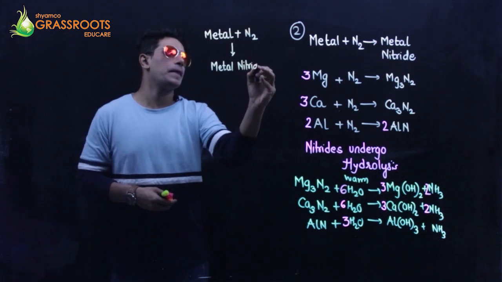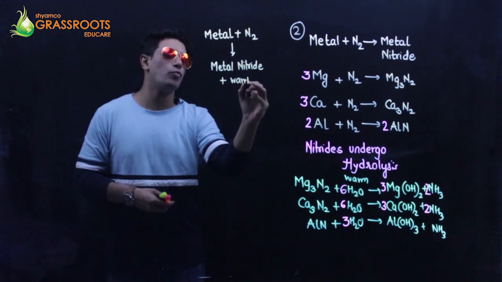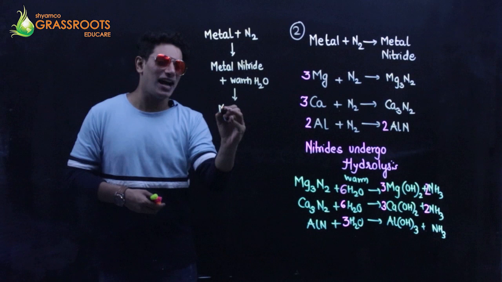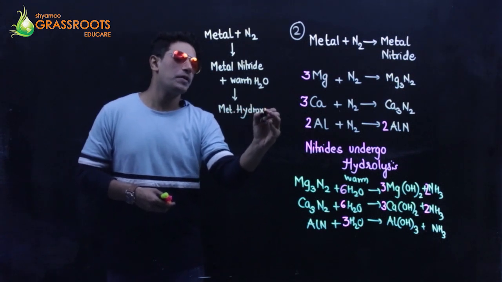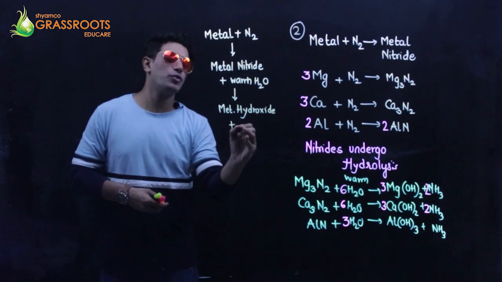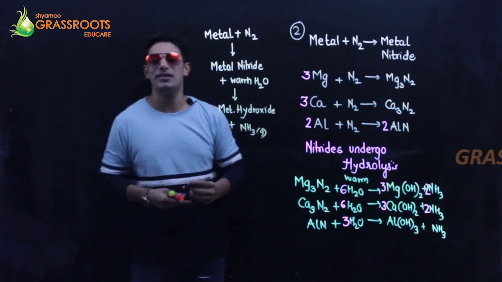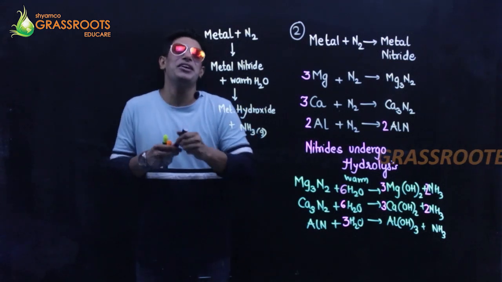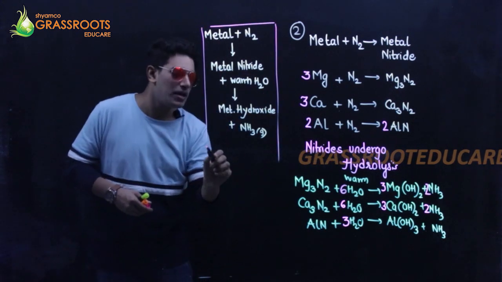And a metal nitride plus warm water gives me metallic hydroxide plus the one I am interested in, ammonia gas. There it is for you all. So remember this entire process. This is a generalized view, an overview of what we have done.